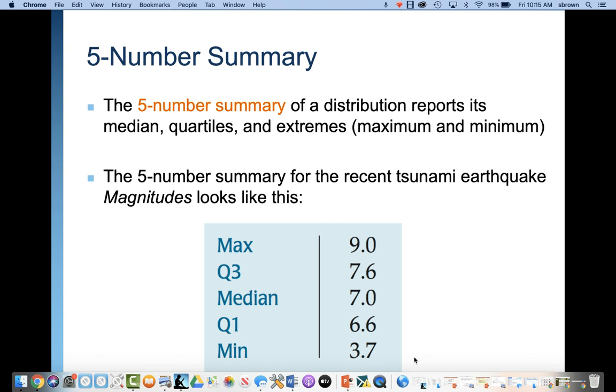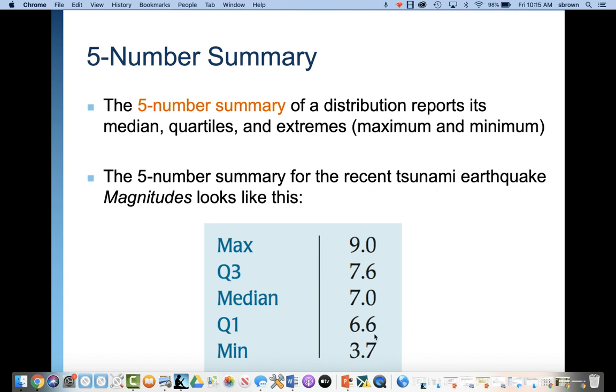The minimum is 3.7. The value of the first quartile is 6.6. The value of the second quartile, or the median, is 7. The value of the third quartile is 7.6. And the value of the maximum is 9.